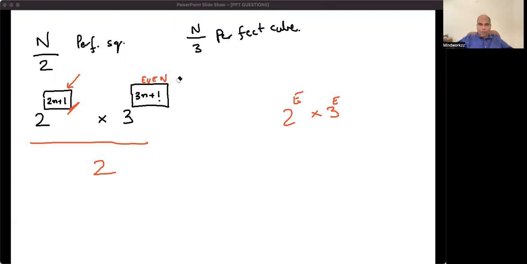Only then when you divide by 2 will the outcome be a perfect square. And likewise, when you divide this number by 3, it should be a perfect cube. Now we have already taken care of this condition, that the 3n plus 1 power will give a perfect cube on dividing by 3. But that then tells me that the power here has to be a multiple of 3.